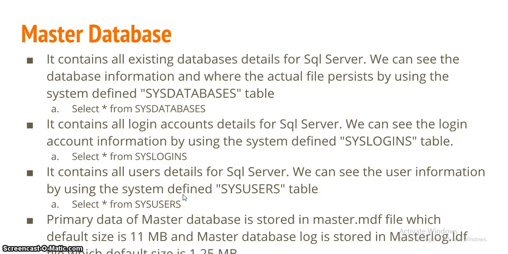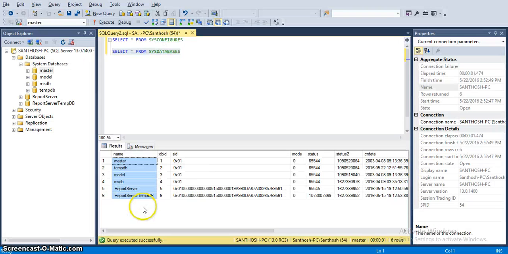And the login accounts: it also contains all the login account details for SQL Server. We can see the login account information by using the system-defined table called sys.logins. Select star from sys.logins.